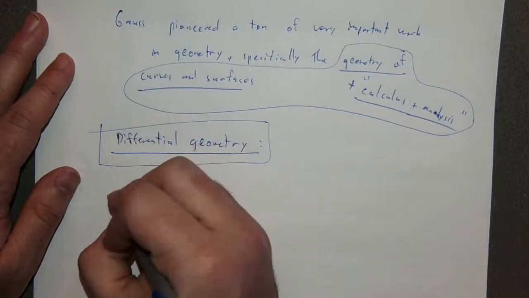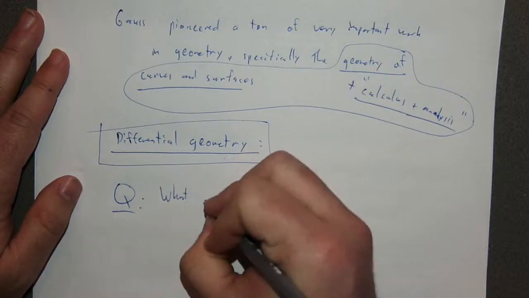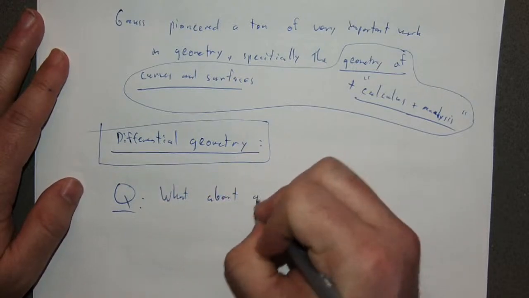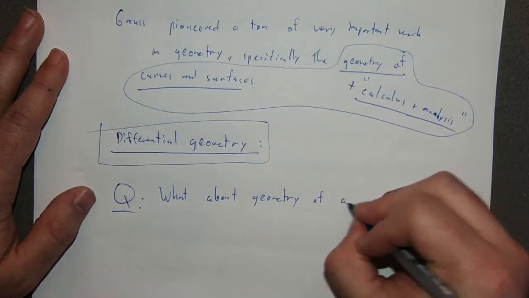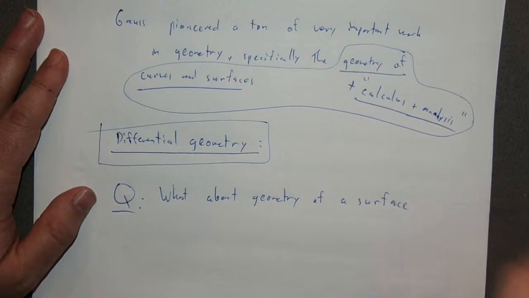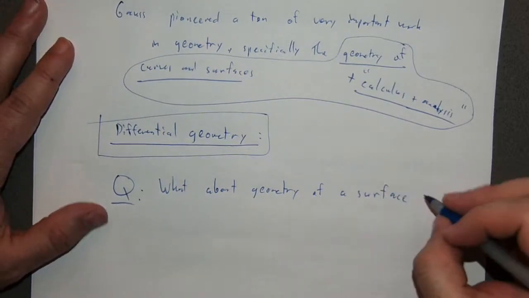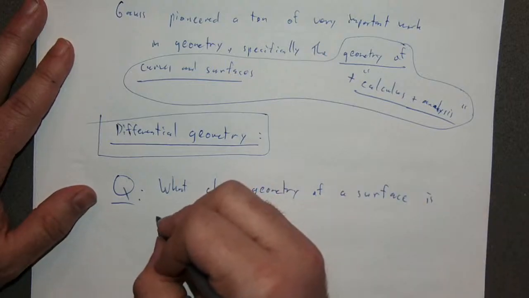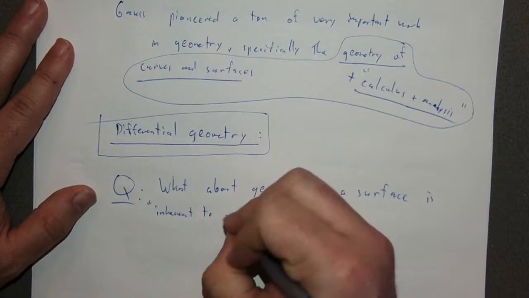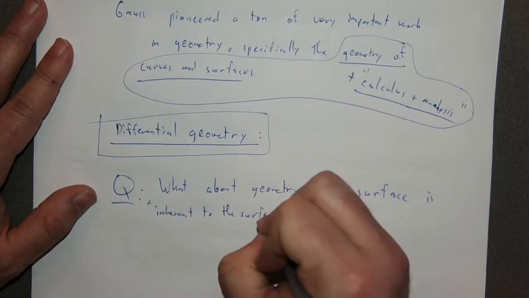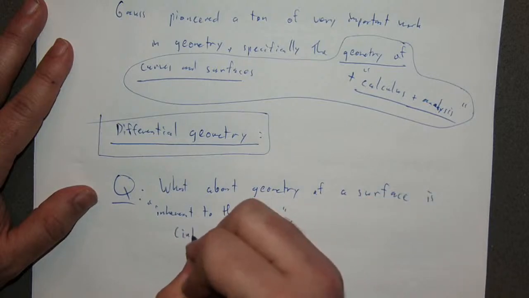The big central question is: what about the geometry of, say, a surface, is inherent to the surface? This was called intrinsic geometry.